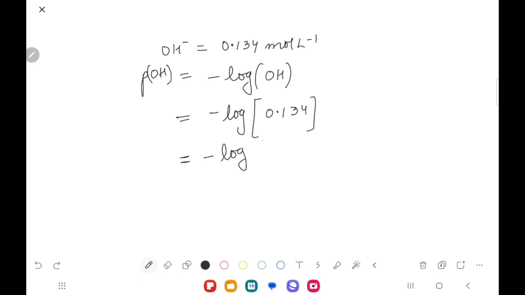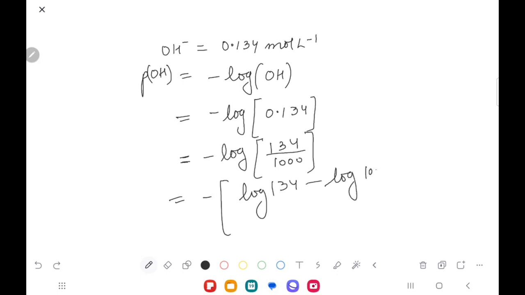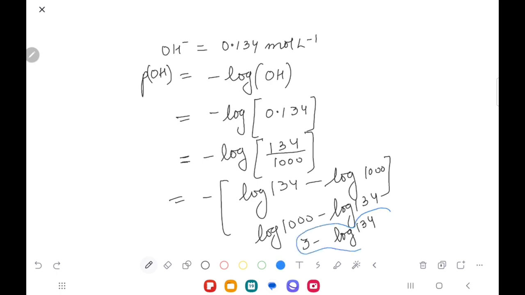Minus log of 134 over 1000, and minus log of 134 minus log of 1000. So if you take out the minus sign inside, it becomes log 1000 minus log 134. Log 1000 is 3. 3 minus log 134 is going to be this. Understood or not? This is going to be pOH.